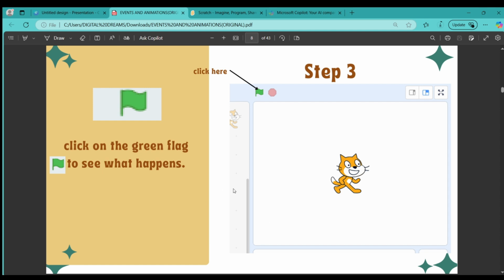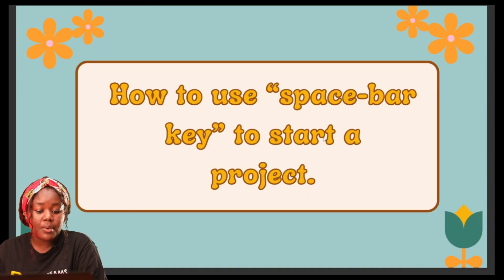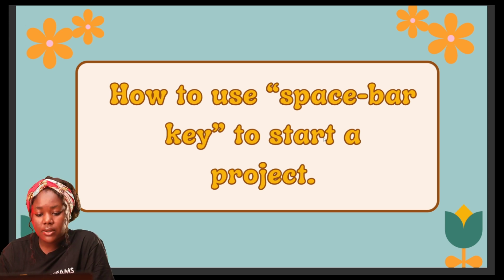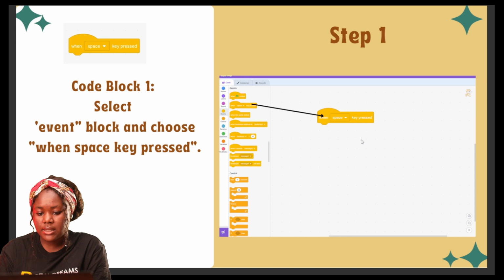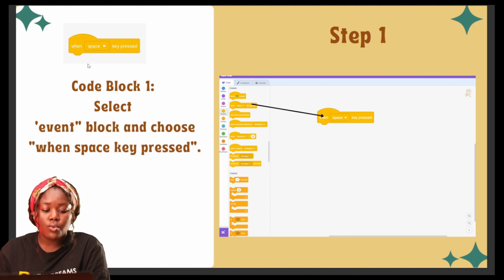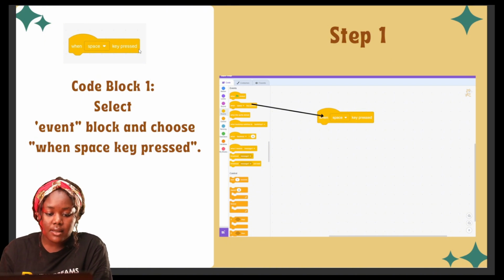Now we are going to learn how to use the spacebar key on your keyboard to start a project. The steps we are going to take: firstly, we go to our event blocks, then choose when space key is pressed, and drag and drop it in the script area as you can see here.